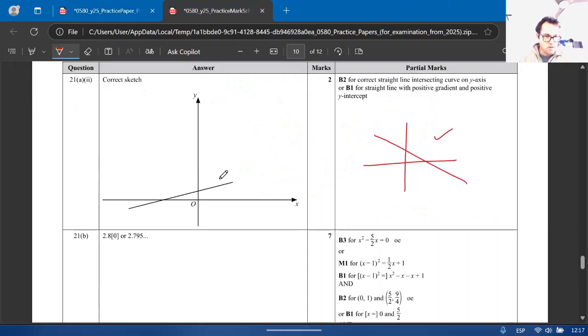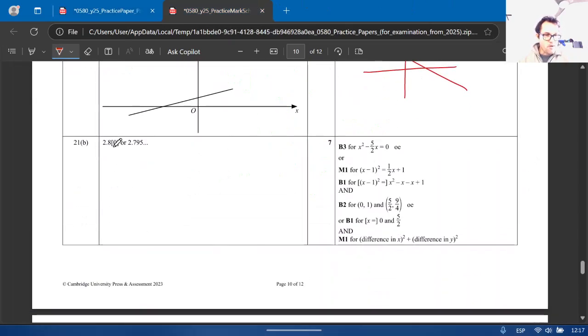Let's check the answers. 2.8, you don't have to have that little zero. It just shows you've rounded it to three significant figures. But if you put 2.8 in this case, you get your marks, or the unrounded answer.